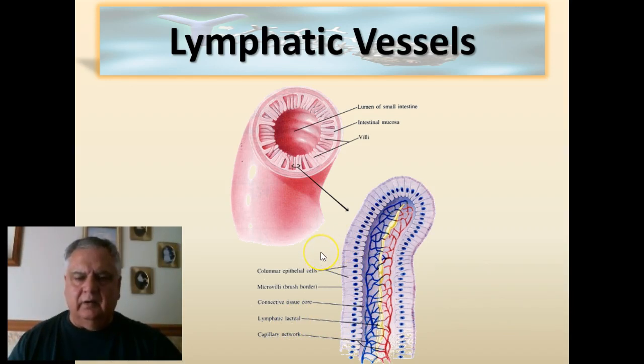Now the idea here is that when foods are digested, let's say carbohydrates are broken down into glucose molecules, the glucose molecules are transmitted across the cells and enter the space, and then the glucose molecules can easily enter into the blood capillary system. Glucose and amino acids from the breakdown of proteins can do the same.